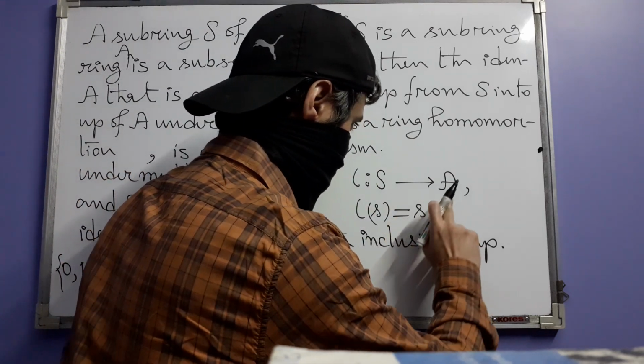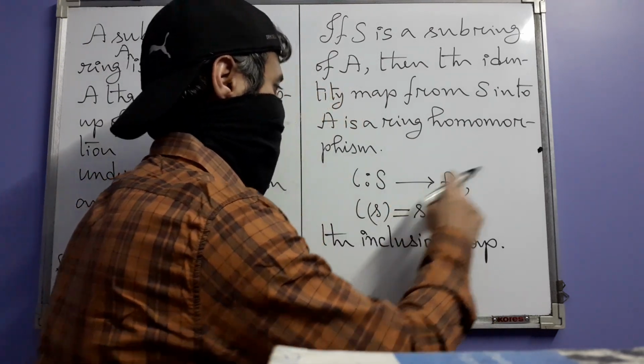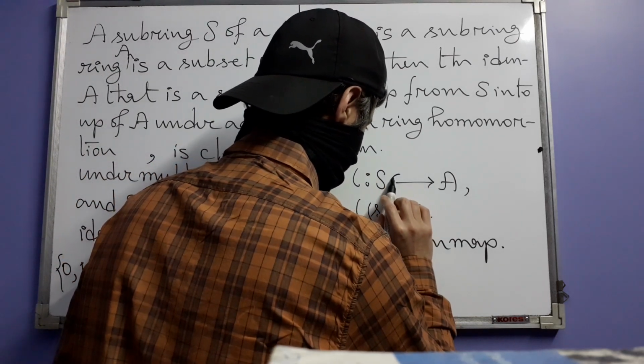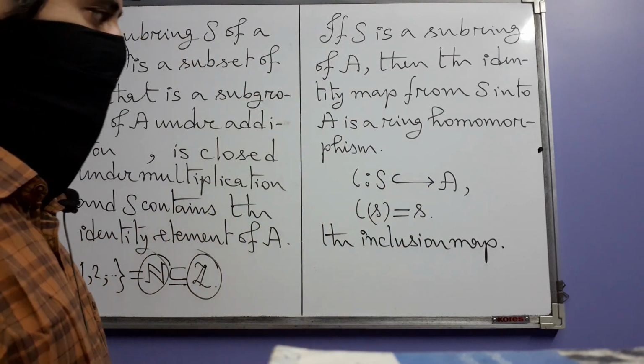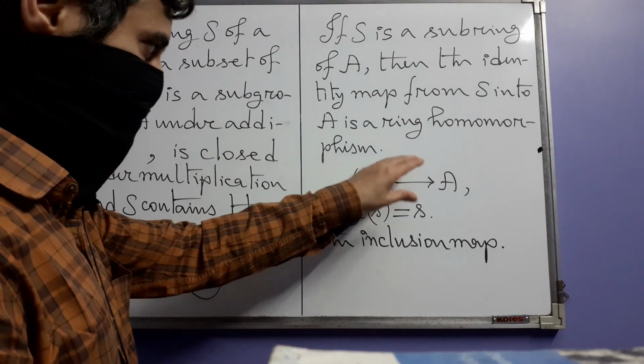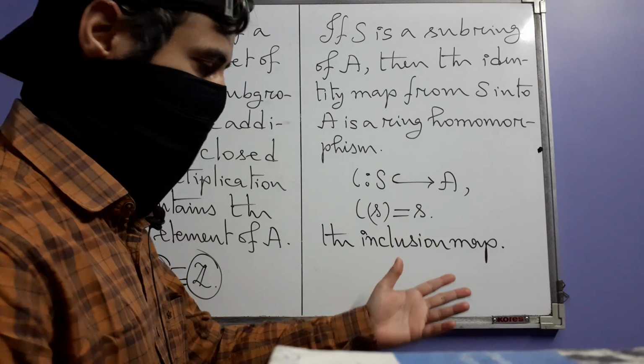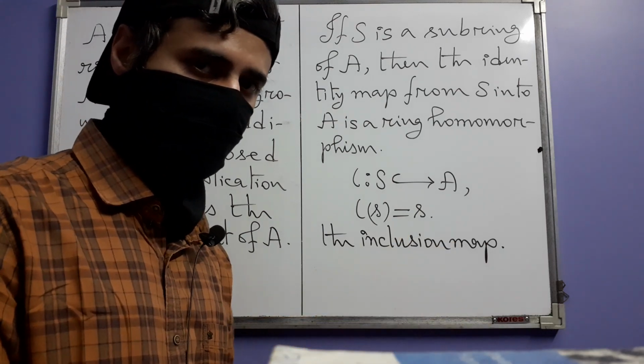And that element, because this is the mapping from S into A, is again in A. Because of this fact, this notation is sometimes used, that S is inside A again. So this is the more common name, inclusion map.